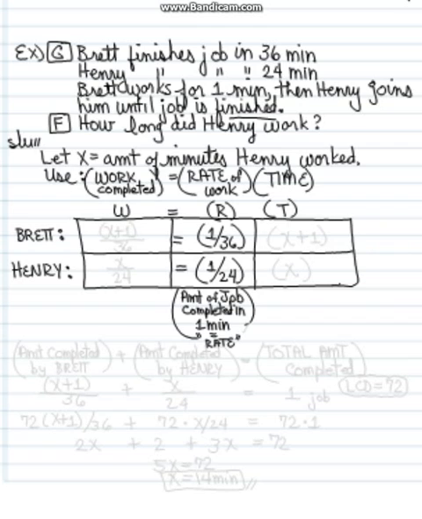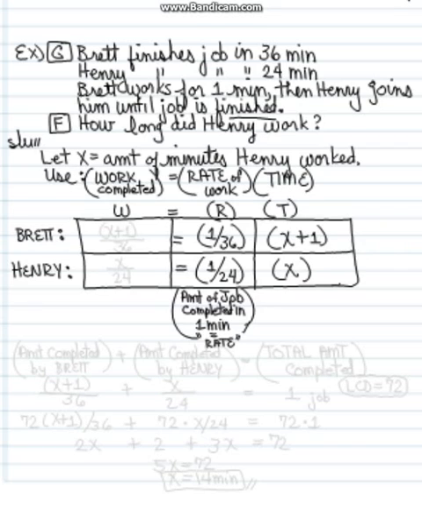That's called the rate. Okay, time. The amount of time that it takes Henry is X minutes, and the amount of time that it takes Brett is X plus 1 because he's working 1 minute longer than Henry to do the entire job.